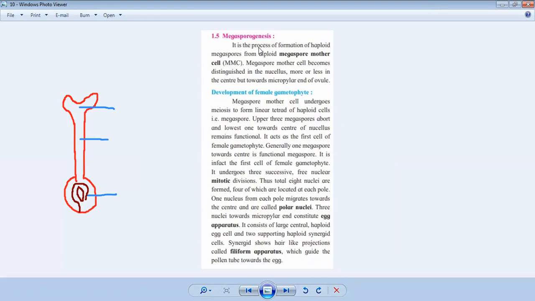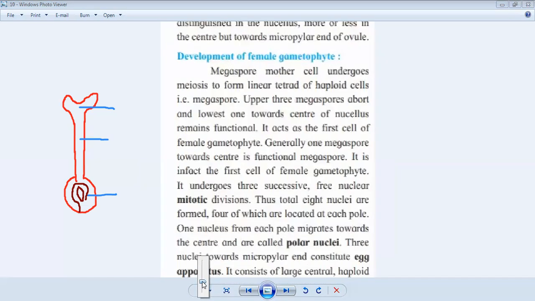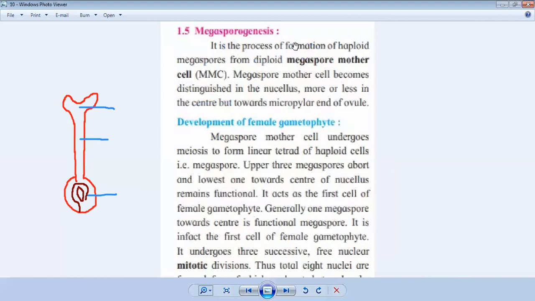It is the process of formation of haploid megaspore from the diploid megaspore mother cell, that is MMC. इसे हम लोग megasporogenesis कह सकते हैं. ठीक है, so megasporogenesis is the process of formation of haploid megaspore from the diploid megaspore mother cell.